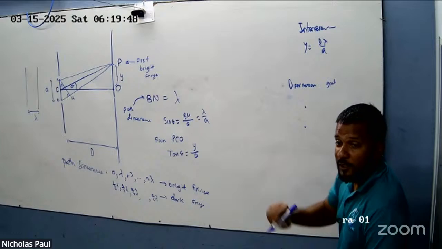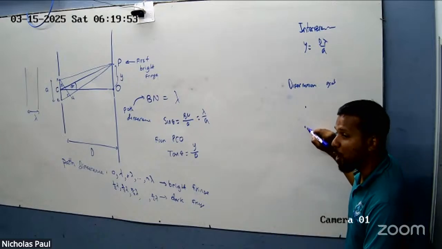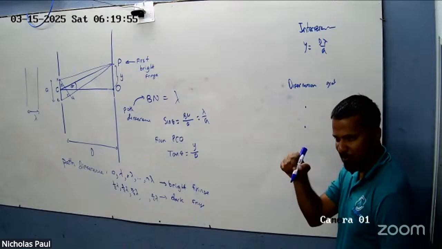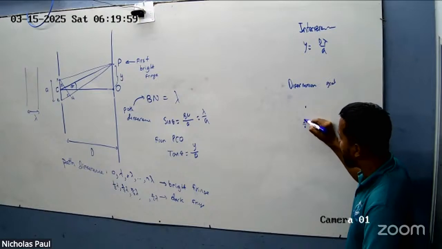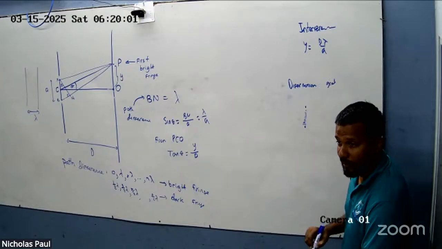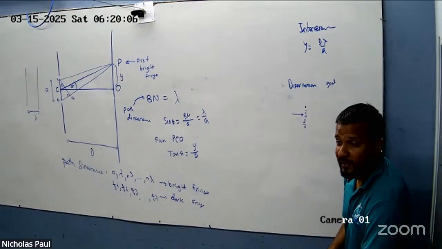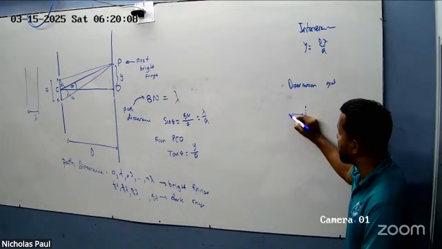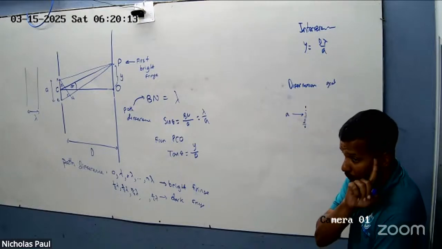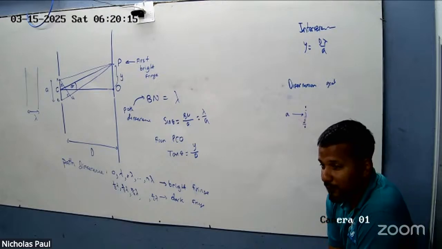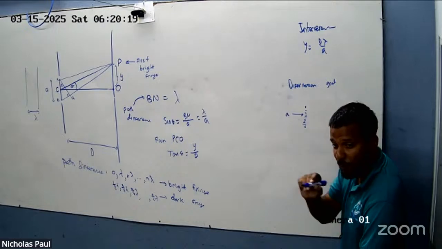In 1 centimeter, you have 1,000 slits. So you have a glass, let's say, 1 centimeter, and within it 1,000 slits. The spacing of one of those slits is what we call a.